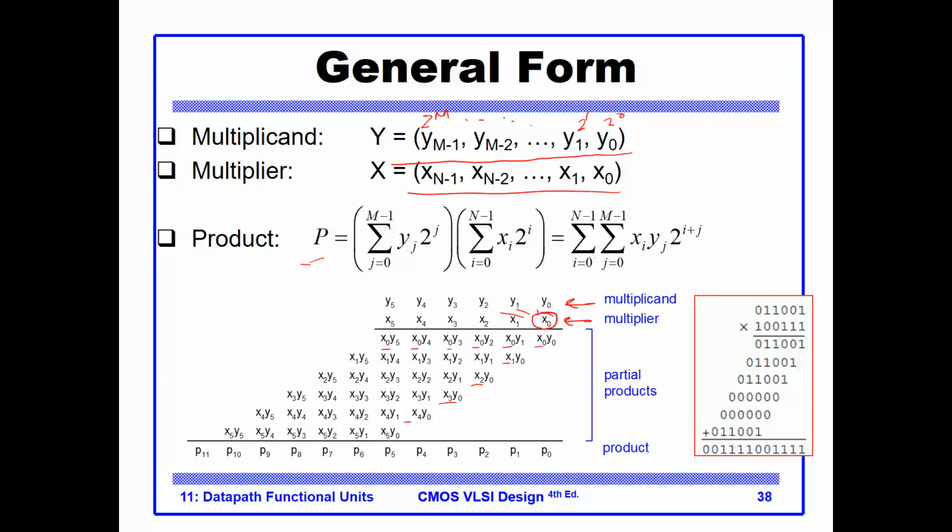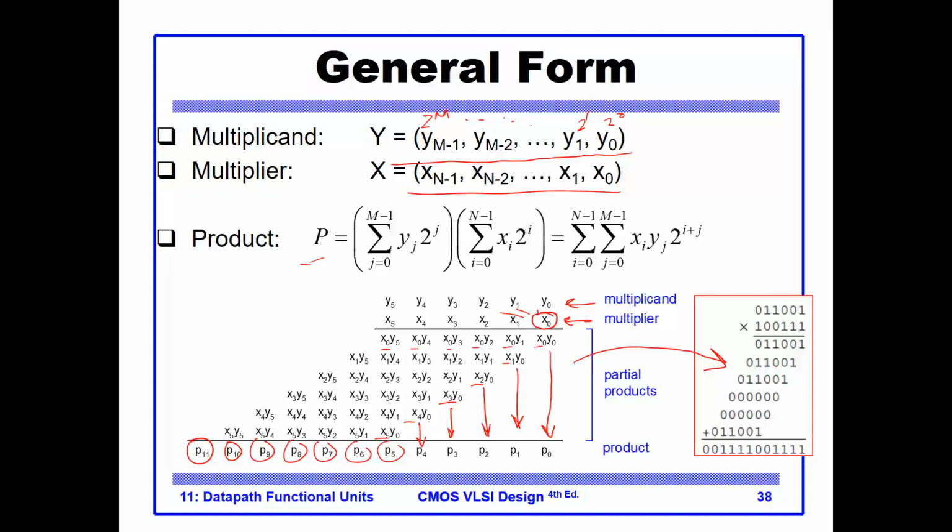Then x1 is multiplied by y0, y1, y2, y3, y4, y5. Then x2 multiplied by y0 through y5. Then x3, x4 and x5. Then we add these partial products to produce the product, exactly what we have done in the numerical example. We add those rows to get P5, P6, P7, P8, P9, P10, P11.